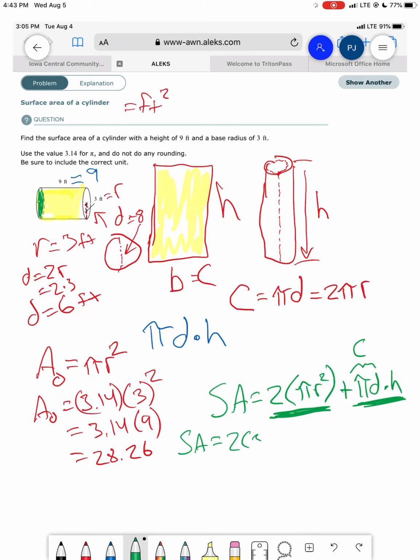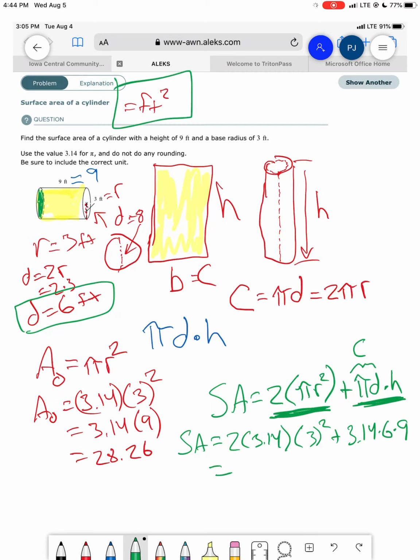I have 2 times 3.14 times my radius squared, which we already said was 3, so this is 3 squared, plus my pi, which is 3.14, times my diameter, which is 6, because the radius is 3, and my height is 9. And remember what we said up here, it's feet squared.